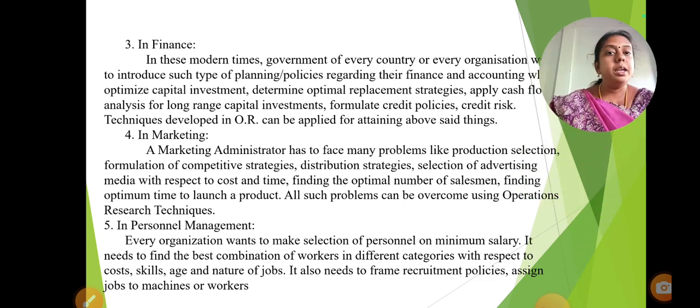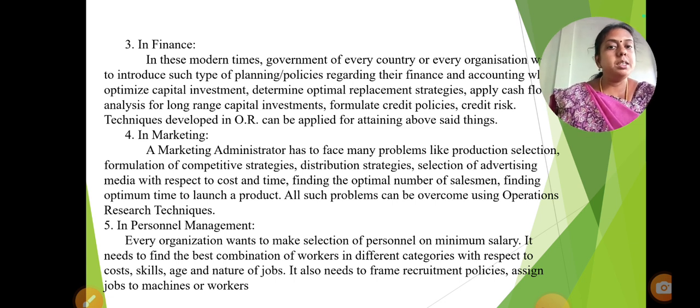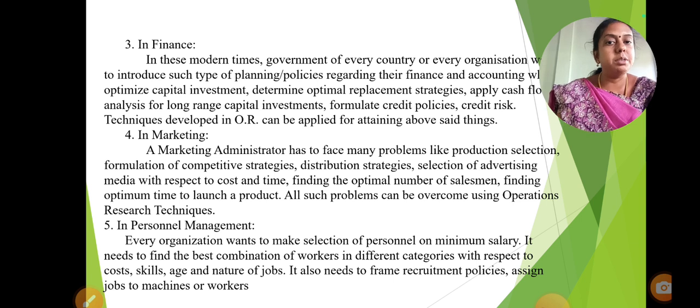In marketing, the marketing administrator faces many problems like product selection, formulation of competitive strategies, distribution strategies, and selection of advertising media with respect to cost and time. Here we have to minimize the cost, find the optimal number of salesmen, and find the optimum time to launch the product.